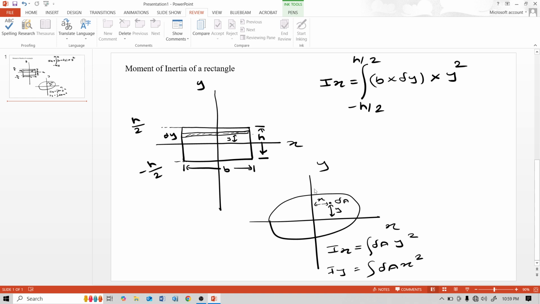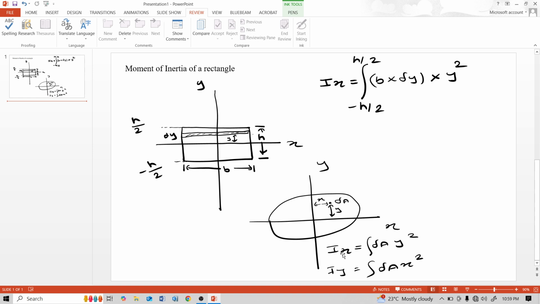In our previous lecture, we saw this term. This is the x-axis, the vertical y-axis, and this is the elemental area delta A, with small x the distance from the y-axis to delta A, and small y the distance from the x-axis to delta A. For calculation of moment of inertia about the x-axis, we multiply this elemental area by the square of the distance between the x-axis and delta A, that is y square.